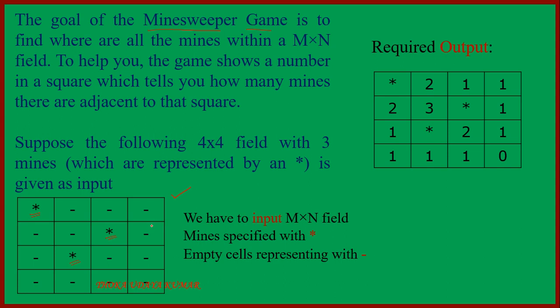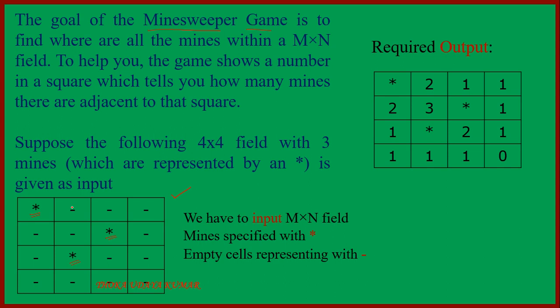So we are not playing it, but we are designing it. We will fix the stars, then we have to write the numbers beside these stars. Each number represents the number of mines adjacent to it.